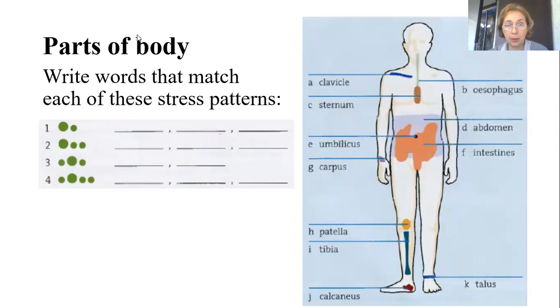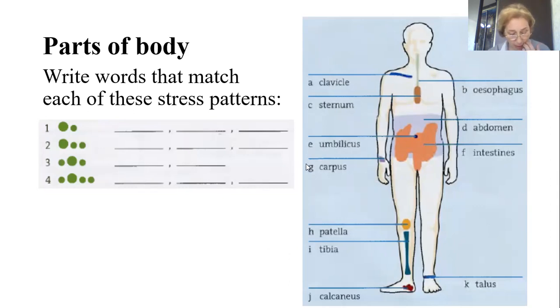So Akram, we have clavicle. Clavicle has 3 syllables, but in the first group there should be the words consisting of 2 syllables. Are there any words, there are 3 words which consist of 2 syllables? What are they?